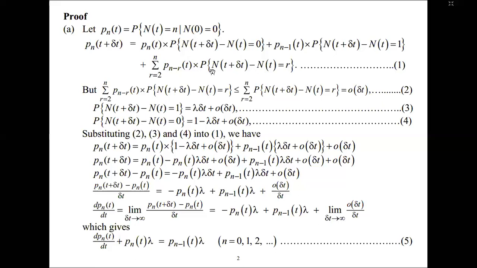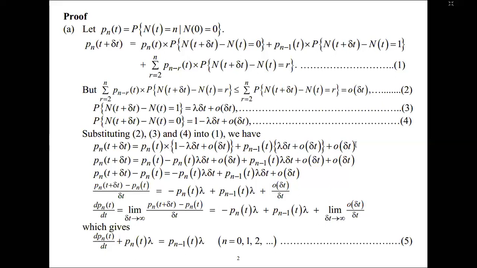Have you seen it? When you look at equation 1, this is equal to that, this is equal to that, and the latter part of it is equal to little o of delta t. So substituting equations 2, 3 and 4 into 1, we have P of n multiplying this, P of n minus 1 multiplying that, then plus little o of delta t.